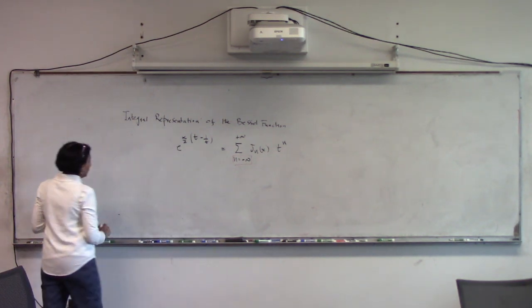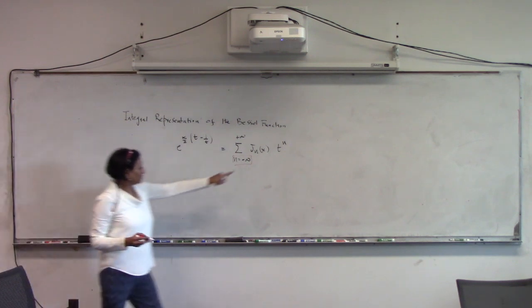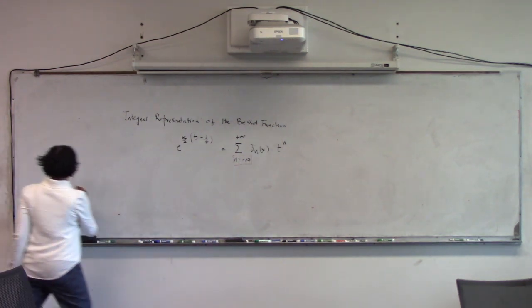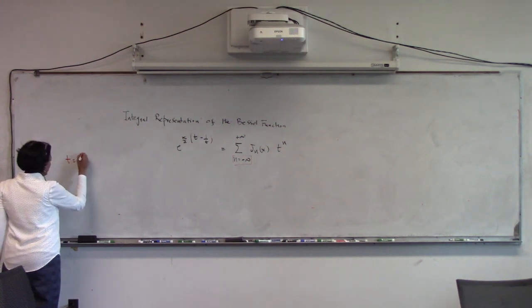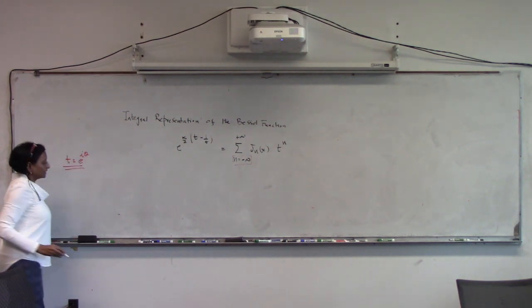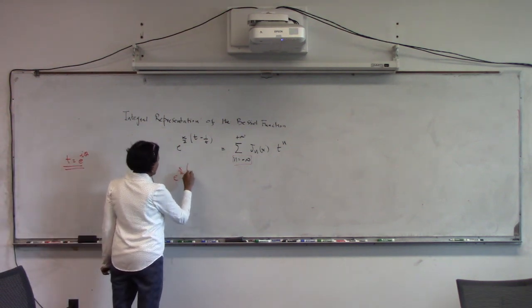What we do is the following. You can get various representations by substituting for t some function, and I'm going to substitute t as exponential of i theta. If I do that, what do I get?